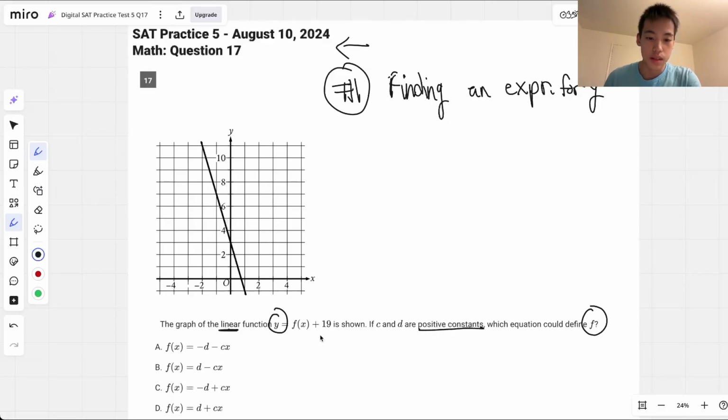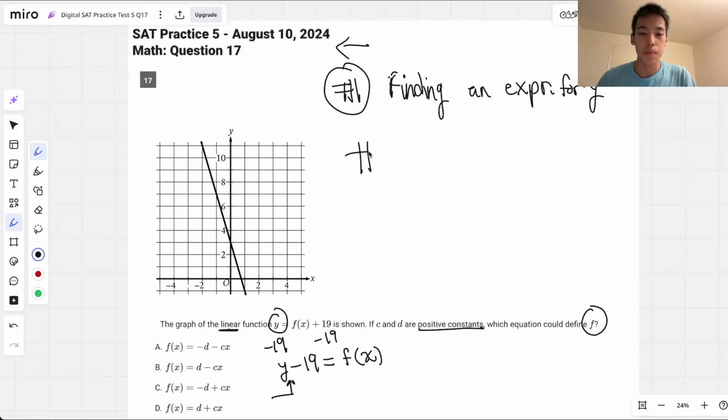Well, if we subtract 19 from both sides, we get that y minus 19 equals f of x. And so once we have an equation for y, we can substitute that back into our manipulated equation to form f, and then we'll eventually see if that helps us at all.